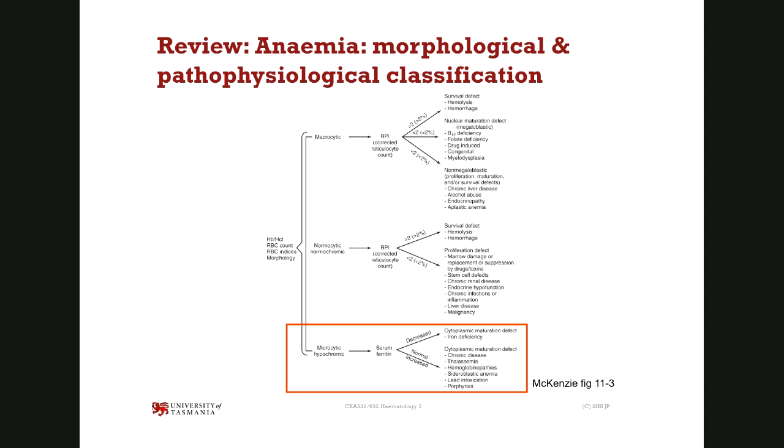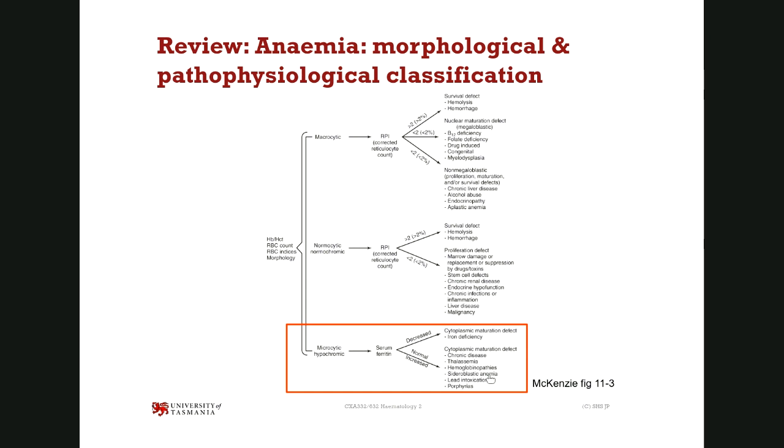And this is just a reminder that our iron deficiency anemia is down here. Here we go. Iron deficiency anemia is part of the microcytic hypochromic anemias. You can see here that they've also got sideroblastic anemia, which we talk about actually being a normocytic anemia. So there's a little bit of difference between what is in Mackenzie and what I've always believed, but it's neither here nor there really.